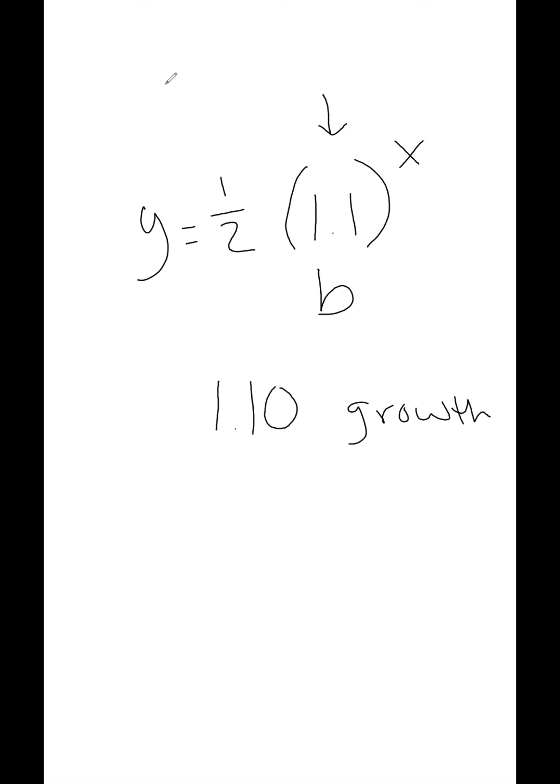No, not necessarily. What you can do is whatever you have in parentheses, just put a 0 behind it. Think of it as money. $1.10 is 1 or more, right? This is more than $1. So this is a growth. So this expression that you're looking at, y equals 1/2 times 1.1 to the x value, is a growth.